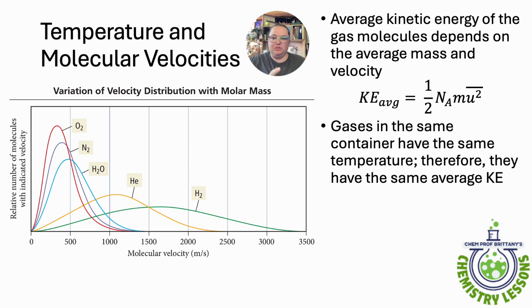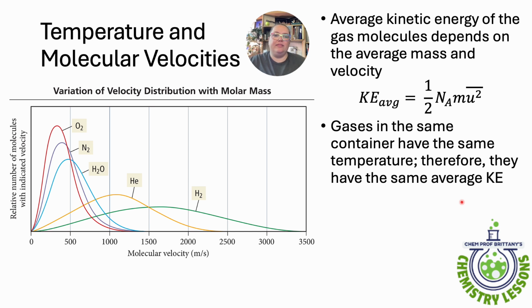So keeping that in mind, this is what we call a Boltzmann distribution. This is looking at the average kinetic energy of gas molecules, and this is totally dependent on the mass and velocity, right?